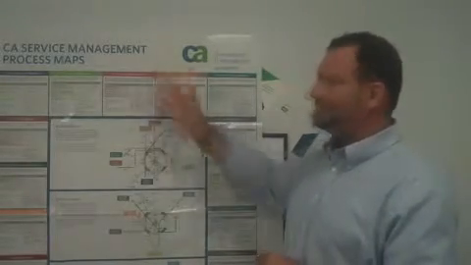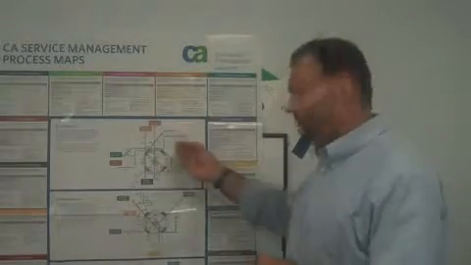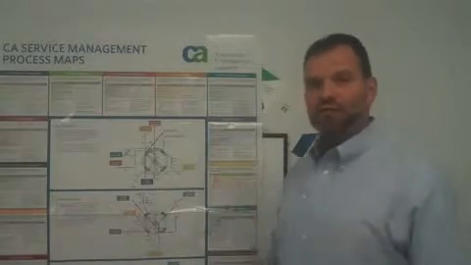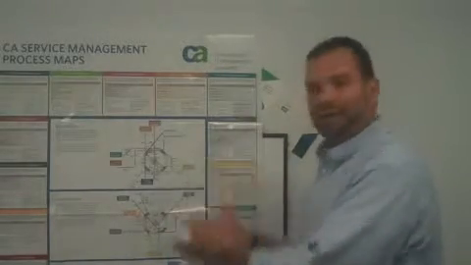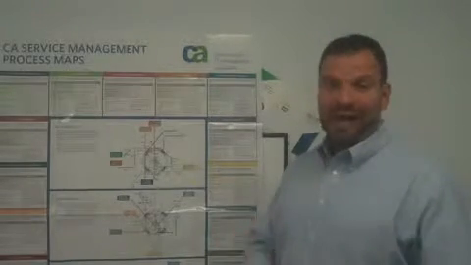So we give you some of the basic concepts in each of these boxes that really get you started. But ITIL is just a framework, and how you leverage it and how you visualize it, this is going to help you get from a theory to an actionable plan.